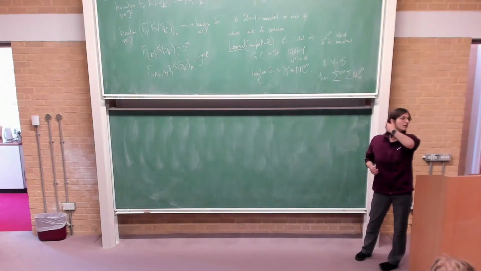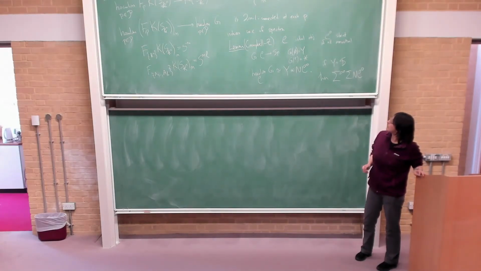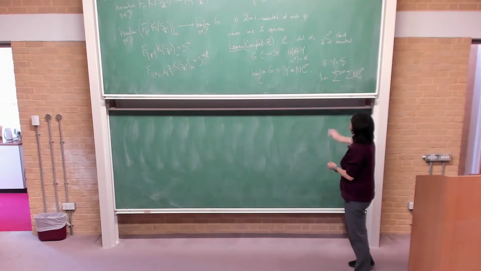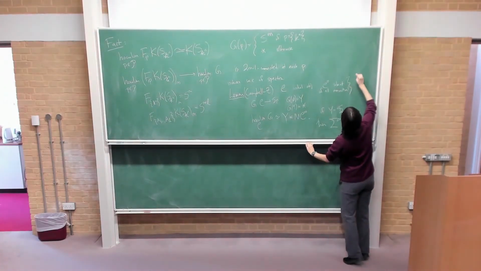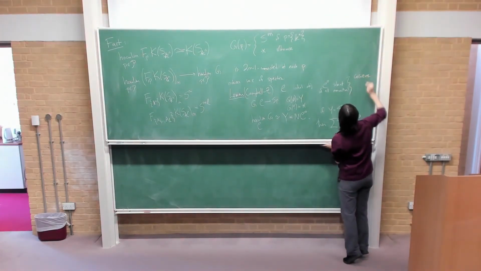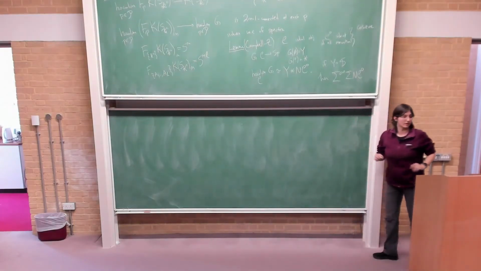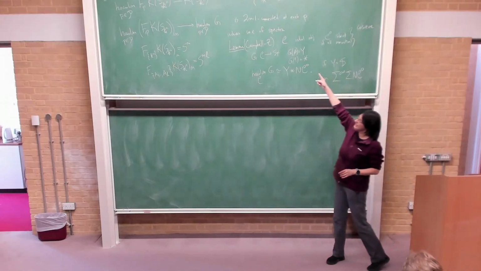Yes? In the lemma, do you maybe have to assume that C is a strict initial object? Like there's no maps from any other object? Sorry, I forgot to add, this is a cosieve. You're right. So C has to be a cosieve, and then C open has to be a cosieve, and then it works. And in fact, you don't actually need the initial object.